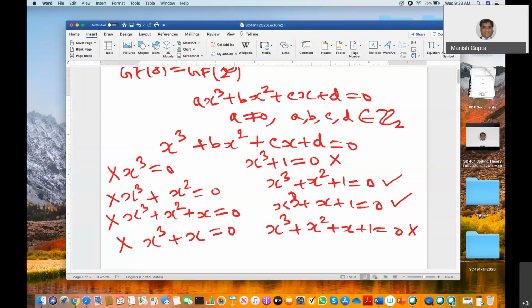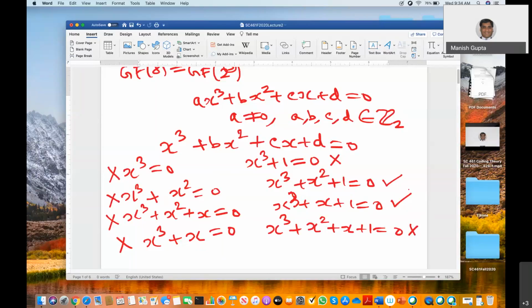So I suggest, at home, as an assignment, try to construct a field with 8 elements with a similar method. Now taking omega as a root of x cube plus x plus 1, so omega cube plus omega plus 1 is equal to 0.